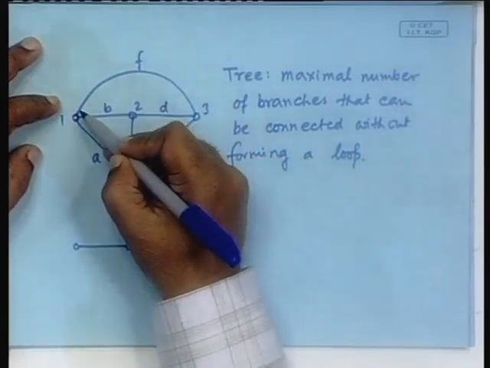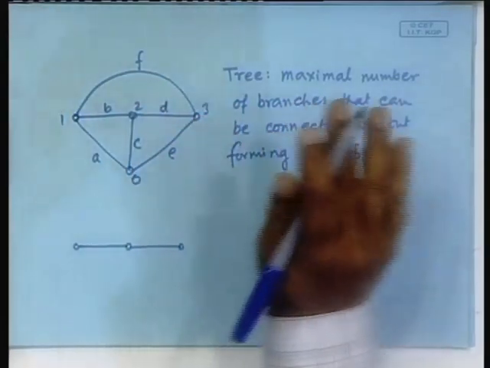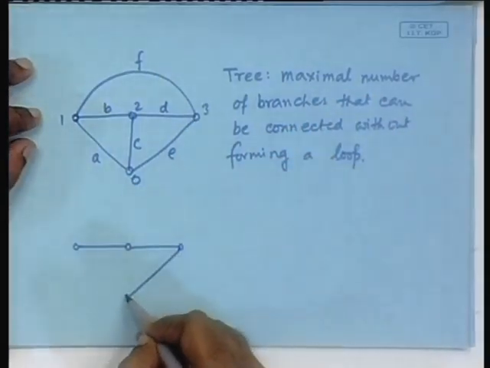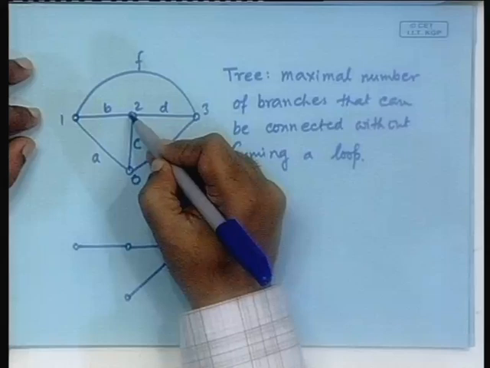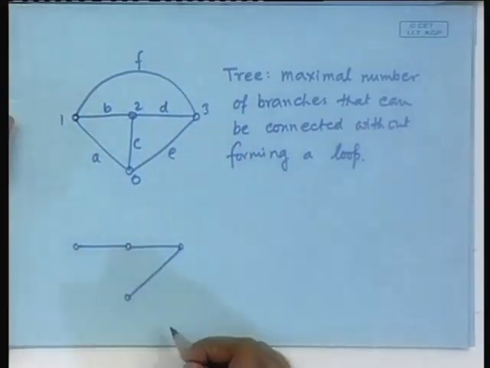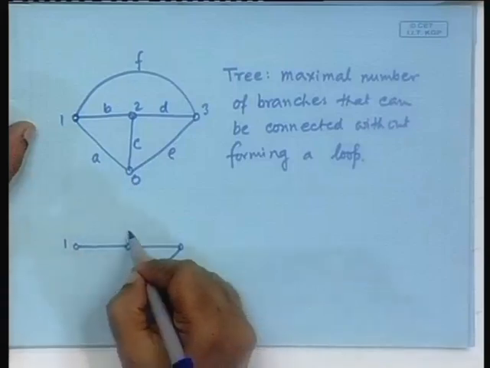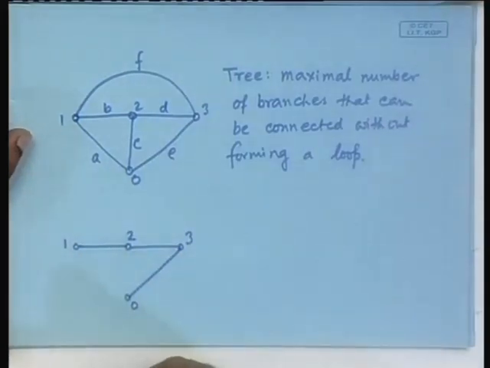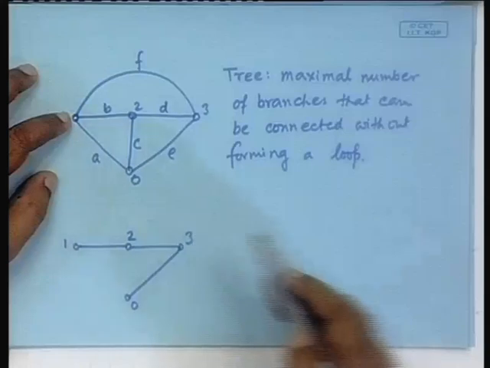If we go along that, we complete a loop, we cannot do that. Then we can come back along this, but if we do this, it will be completed. If we do that, it will be completed. So, that completes a graph. So, 1, 2, 3, 0, that is one possible graph, one possible tree, yes.